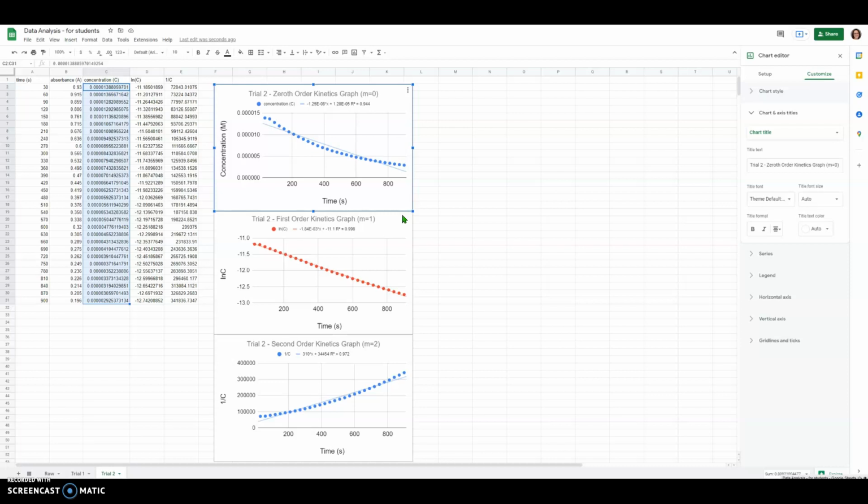If your data is different enough between the 2 trials, you can try plotting them on the same graph and see if it's easy to interpret. The only other suggestion I would probably make if you do that is to make the 2 trials a different color so that it's really clear which trial is which one in the data set. So again, if you want to fiddle around with that, you're welcome to do that. Just make sure that the 2 sets of data are clearly able to be interpreted and that they're not overlapping too much.